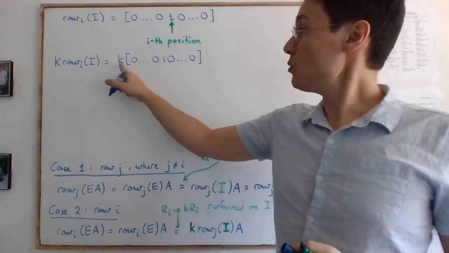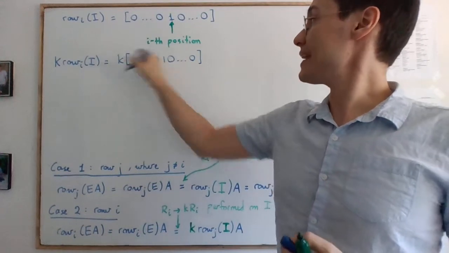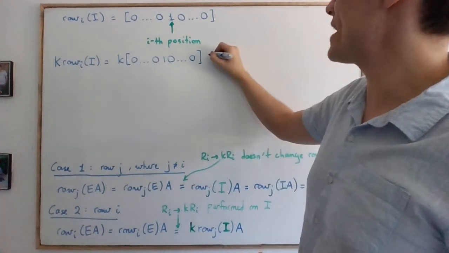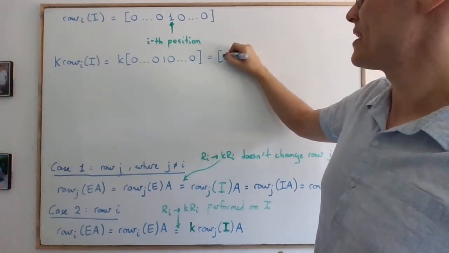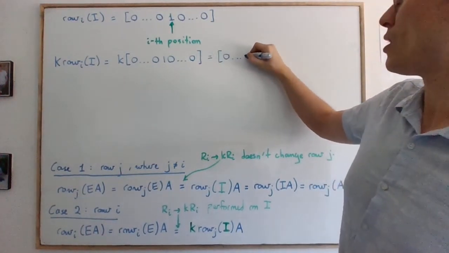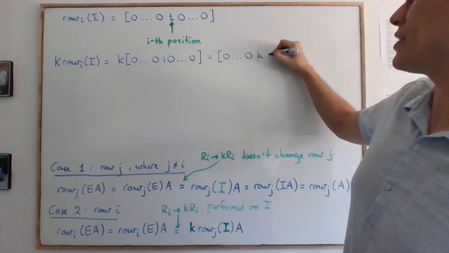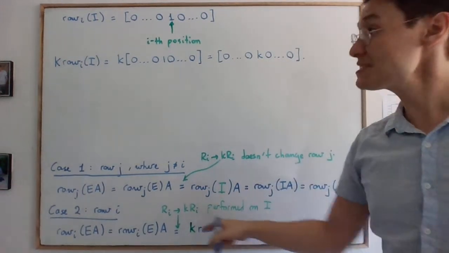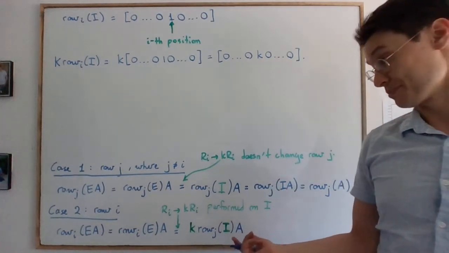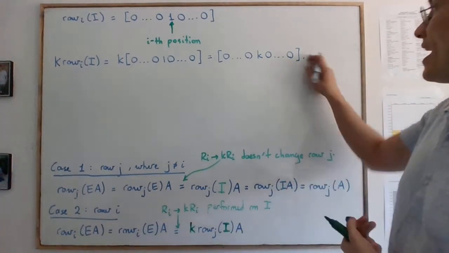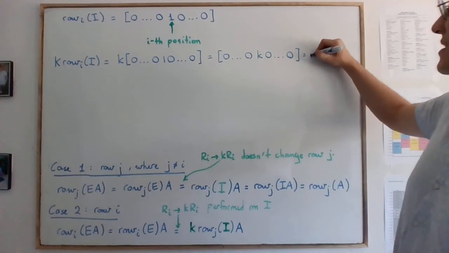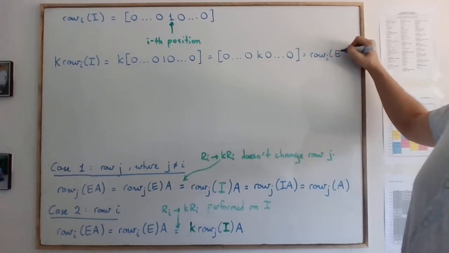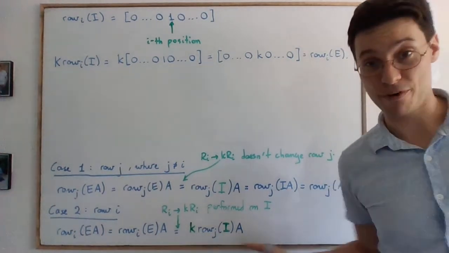And as you know, whenever you multiply a row by the scalar k, you just multiply every entry by k. So instead of 1, you will get k. So this is why it's true, and as you can see, this is the row i of E. Hence this step over here.